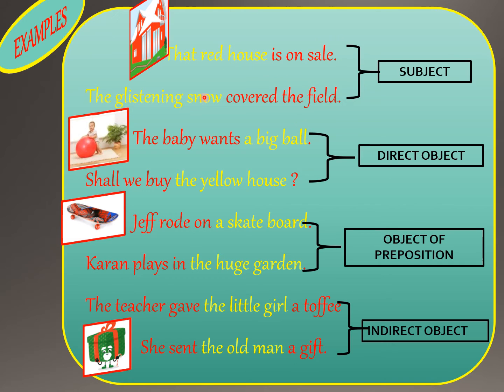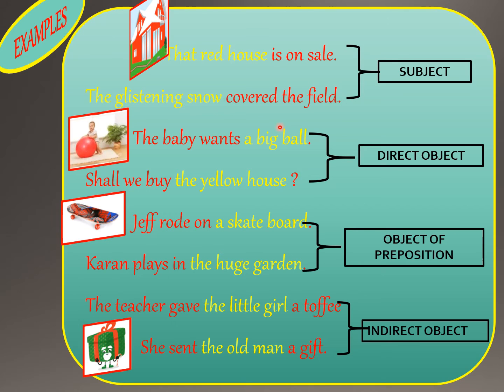The next example, the glistening snow covered the field. What covered the field? The glistening snow. Since glistening snow is coming before a verb and it is acting like a subject, here the noun phrase is acting like a subject. The next one is, the baby wants a big ball. The baby wants what?